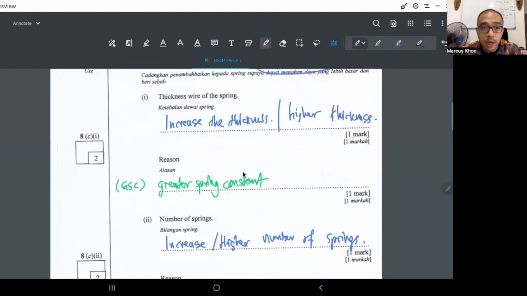Now, the thickness of the wire of the spring, besides helping this one, also makes the spring stiffer. So this is specific to thickness of the wire of the spring.